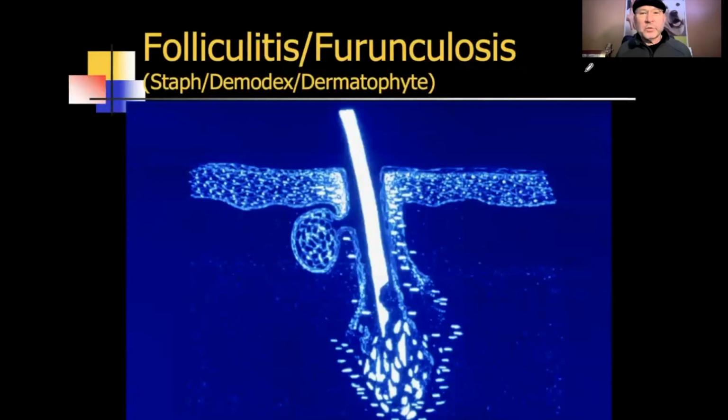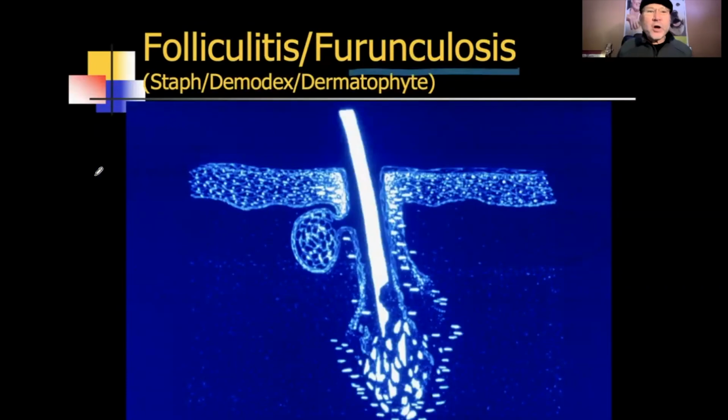When the hair follicle ruptures and we actually have pus oozing out of the skin, that's a version of cellulitis, but because it's a ruptured follicle, that's called furunculosis. Folliculitis we're going to treat in the 21 to 28 day span of the epidermal turnover time. Furunculosis is going to take much longer, potentially up to 3 months, to completely get rid of the infection and let the skin and the hair follicles heal.